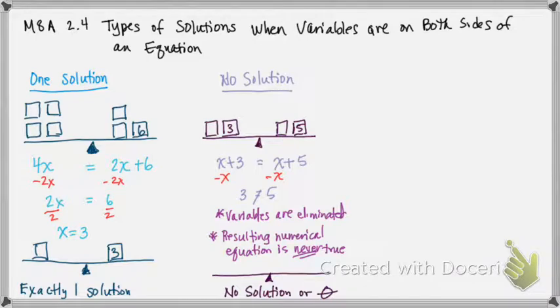So the first one, the variable is part of the problem. The second one, the variable gets canceled. And then we have a third one, and the third one is we have infinite solutions.